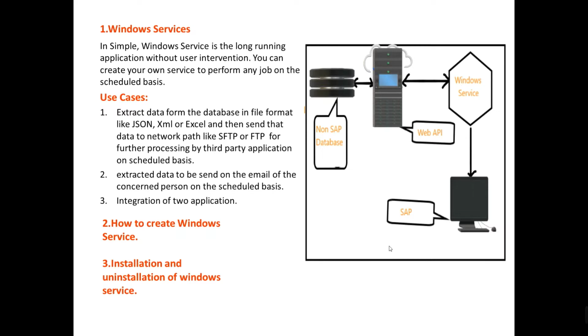This is a scenario where you can use Windows services, because your Windows service can directly extract data from the database, and inside the service you can write code to convert that data into JSON, XML or Excel, whatever format you want, and then send that file to the SFTP or FTP, and from there another application can pick up and process the file. So this is the scenario where you can use a Windows service.